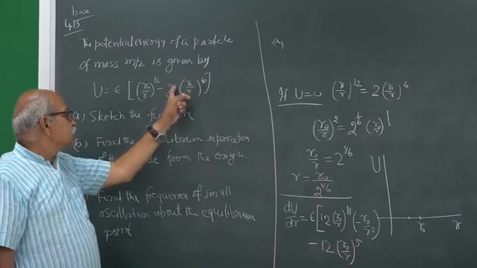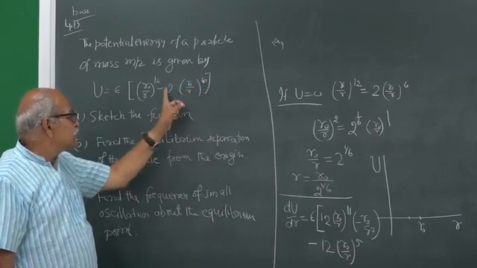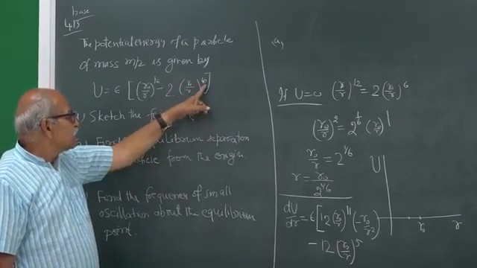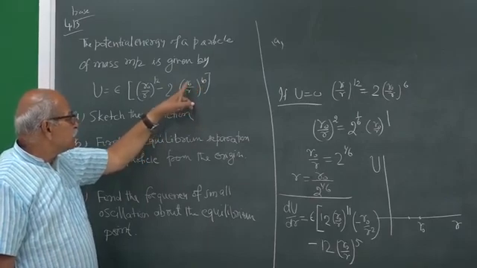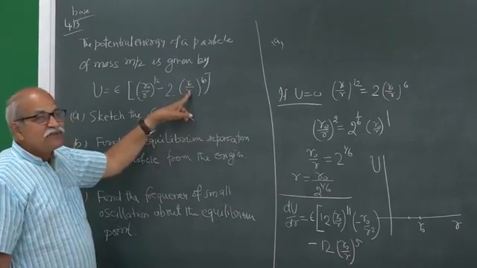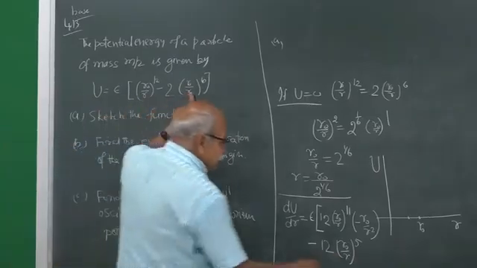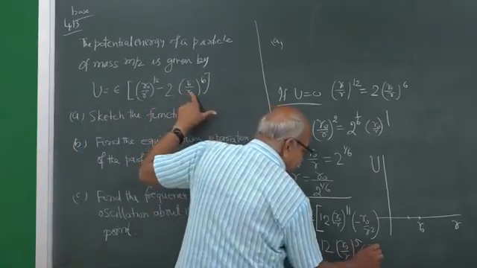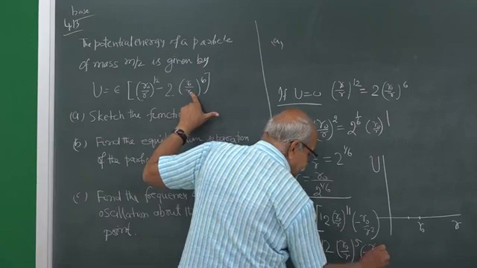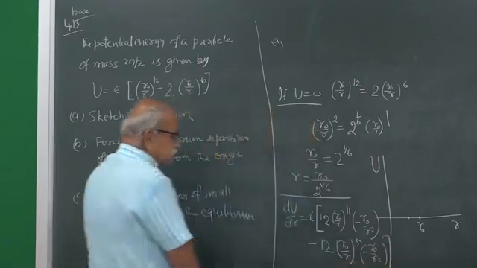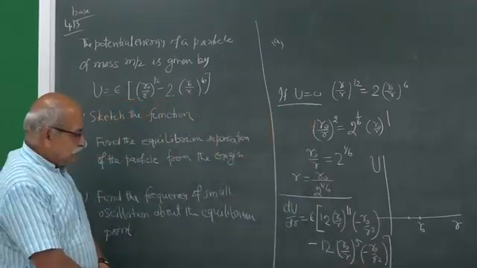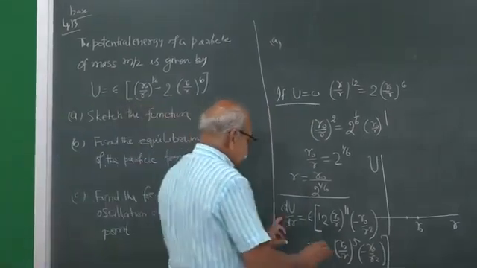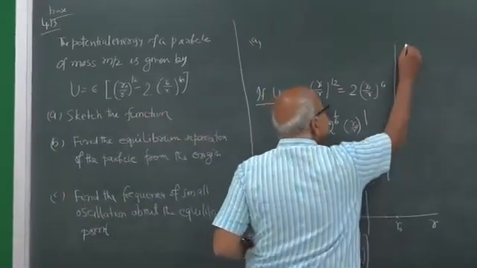So, 6 will come to this side, 2 into 6 will be 12, r naught by r to the power 5, then differentiation of r naught by r with respect to r, which will be once again minus r naught by r square.